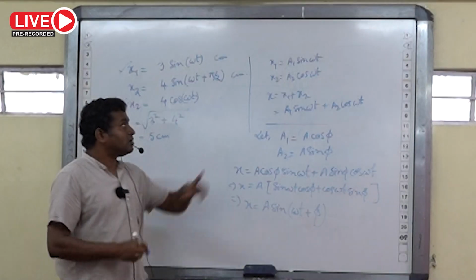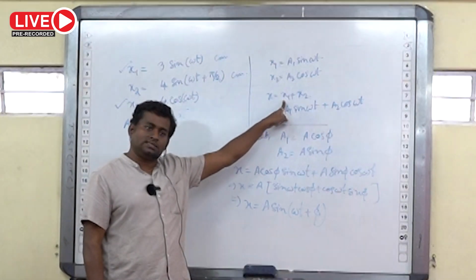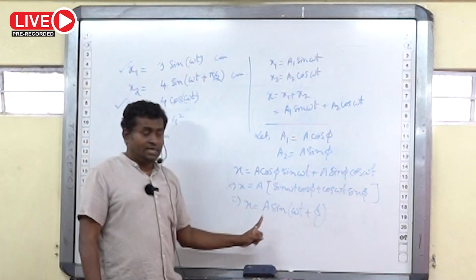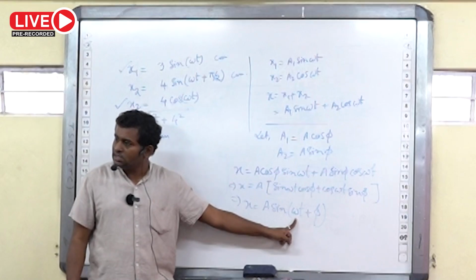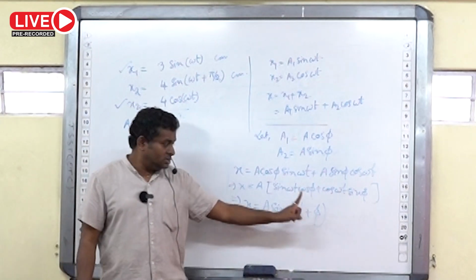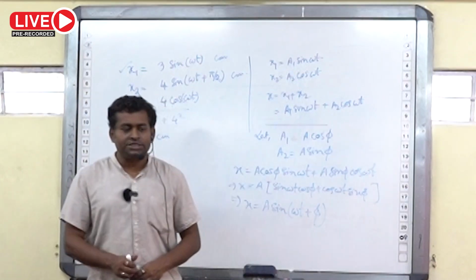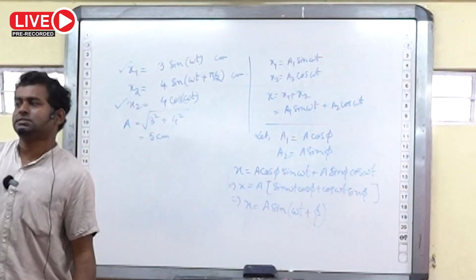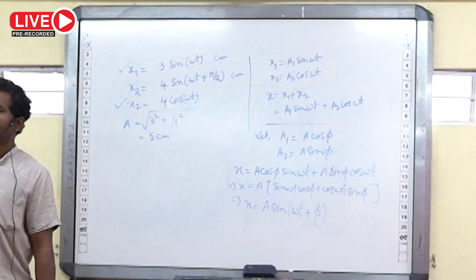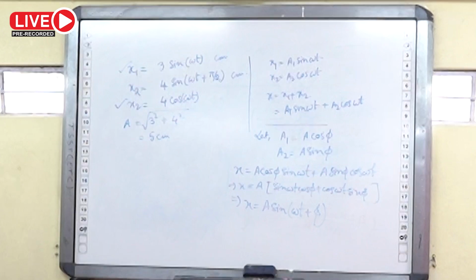Check what we are considering: superposition of two simple harmonic vibrations. Their resultant vibration is also a simple harmonic vibration with the same frequency, different amplitude, different phase. So any combination of two simple harmonic motions is always a simple harmonic motion with modified amplitude and modified phase. Clear?